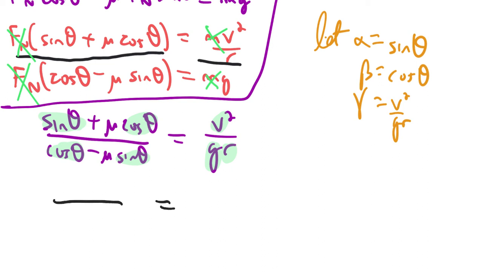It's going to be alpha plus mu beta over beta minus mu alpha, and all of that's going to equal gamma. That has done nothing for me except that it's less letters to write, less carrying sines and cosines and so on. Now I have to do regular standard algebra on it.